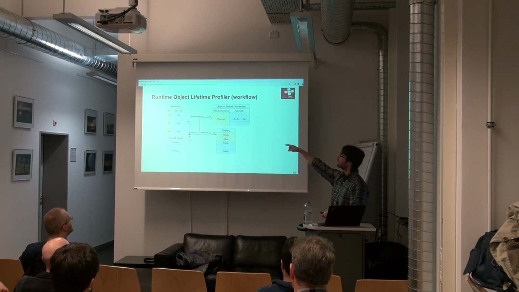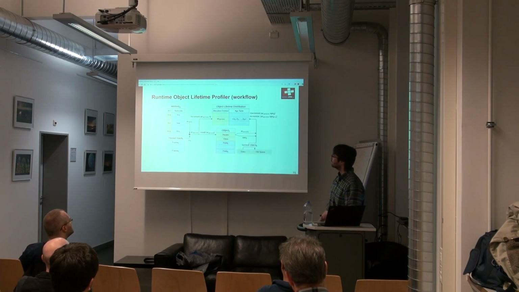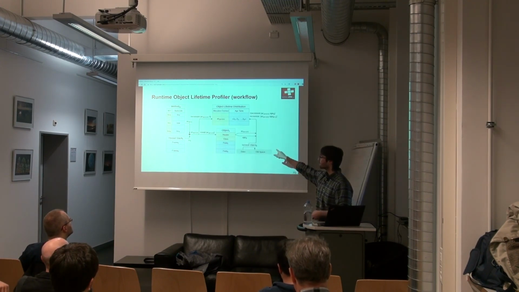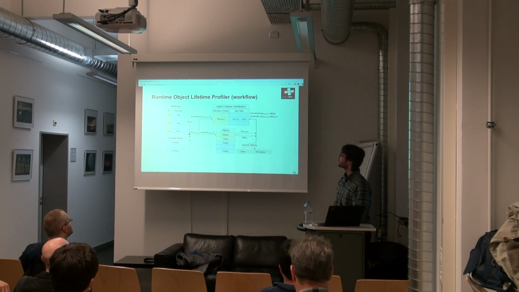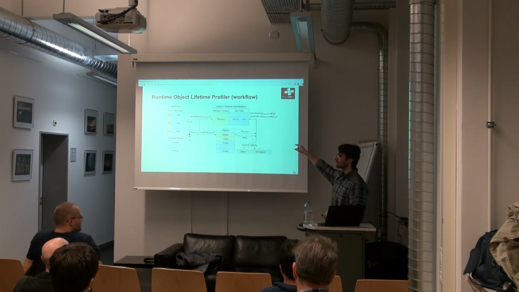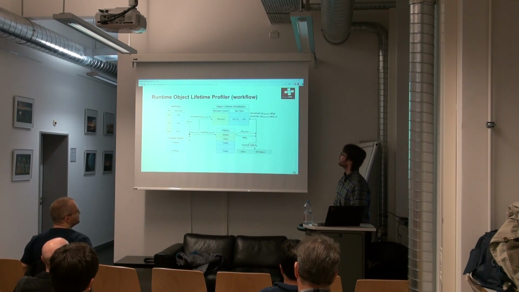Obviously, when we are allocating an object, we are going to increase the column that is respective to 0 garbage collection cycles survived so far. So this is when an allocation happens. When a GC happens, we are going to piggyback on the copy of this object, and we are going to increase the age or the counter that corresponds to a specific age in the same table up there.